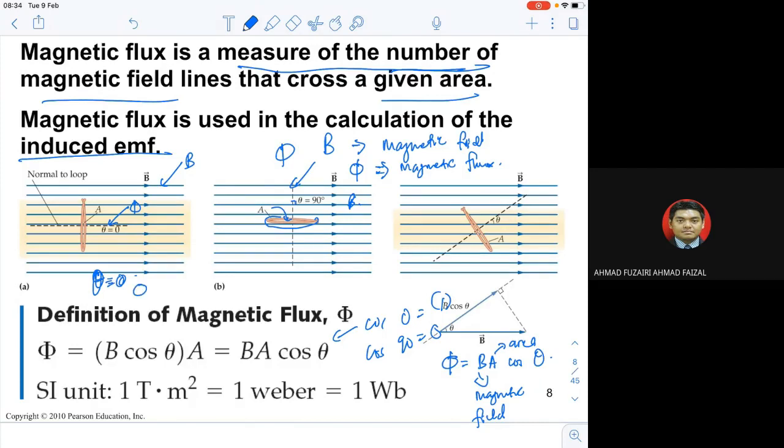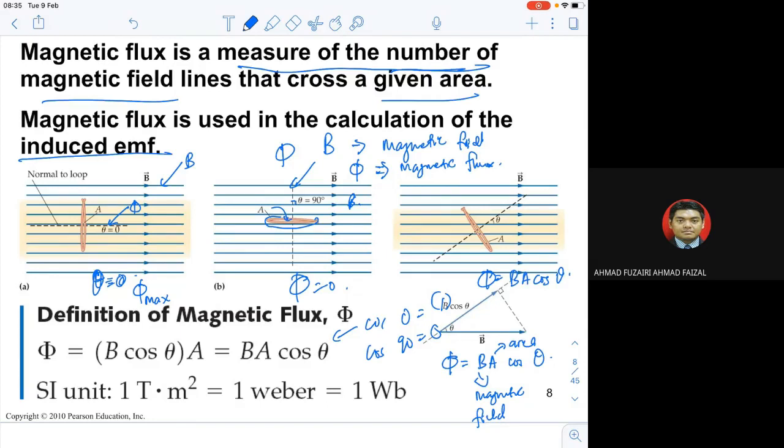So in this case, flux is 0. Then this one is flux equals BA cos theta. Simple. Then you can have a maximum flux, and also flux equals 0.